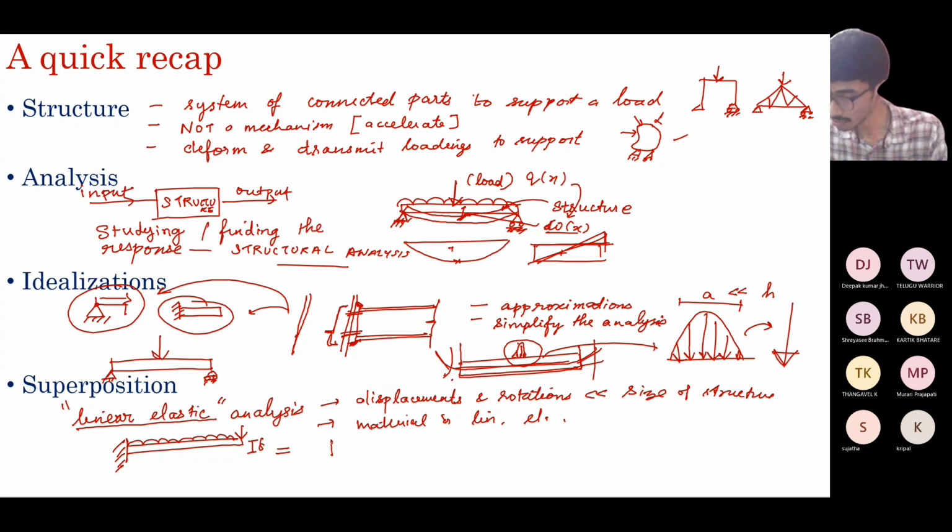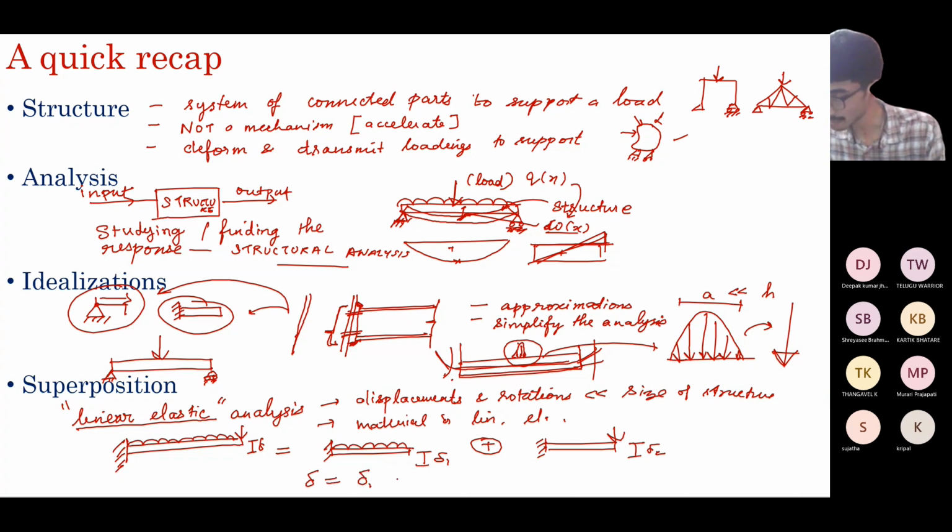You can always decompose it into two scenarios. One, when the UDL alone is acting, it deforms by delta 1, and the other, when only the point load is acting, delta 2. So you can always decompose the total displacement as delta 1 plus delta 2. When a linear elastic structure is subjected to a combination of different loads, the total response is a superposition of each of the loads acting individually. Okay.